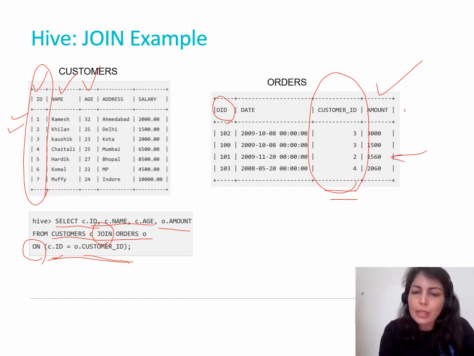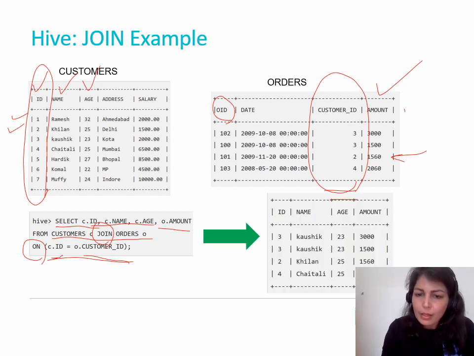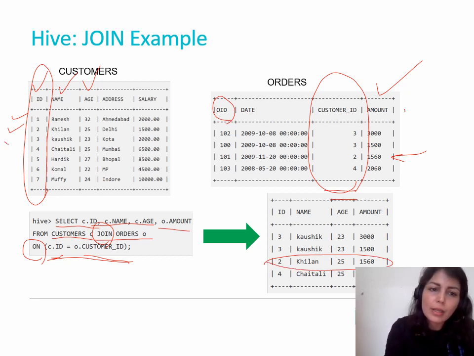So one of the records in the output would be for customer ID number 2, name Khilan, age 25, and the amount is 1,560. Is this one? Yes. Let's go to the next one.